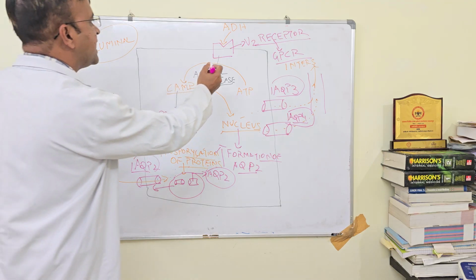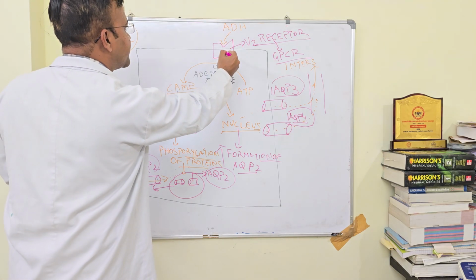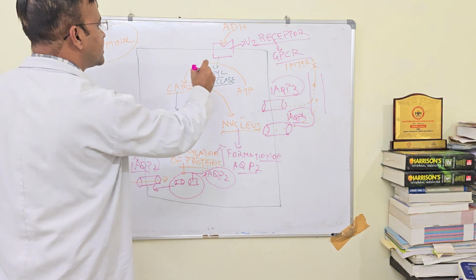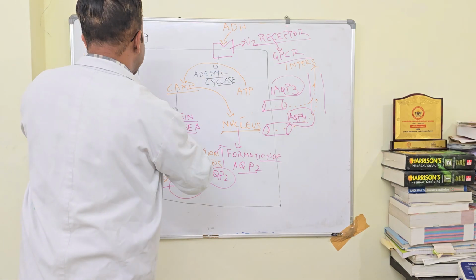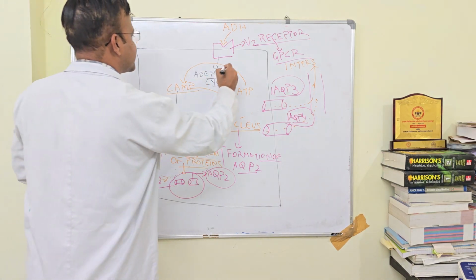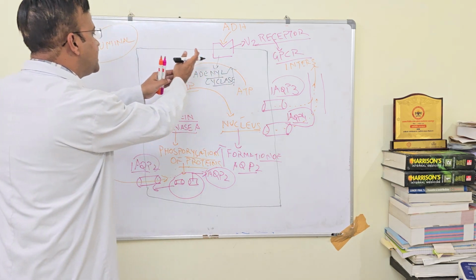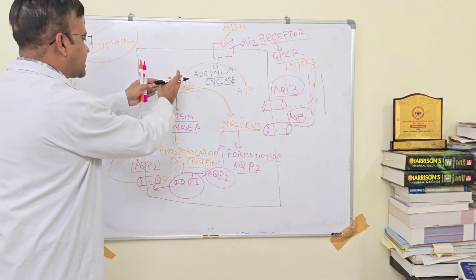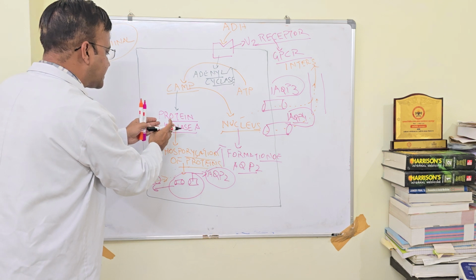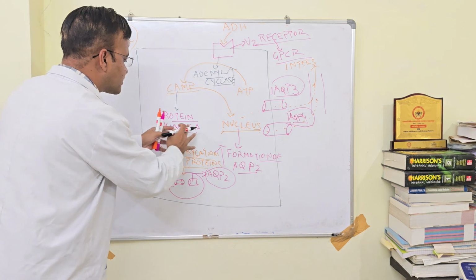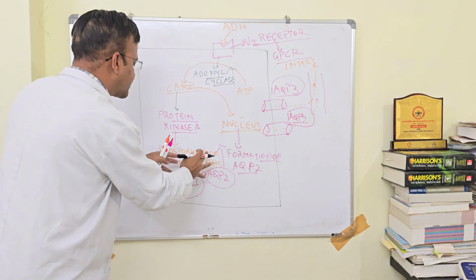So, how exactly is ADH acting? ADH is acting on your V2 receptor, which is a G protein coupled receptor. It is increasing the level of adenyl cyclase. This adenyl cyclase in turn is converting ATP to cyclic AMP. This cyclic AMP is increasing the protein kinase A, which is causing phosphorylation of proteins.